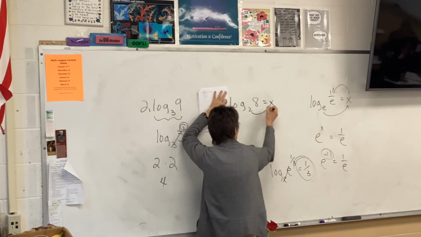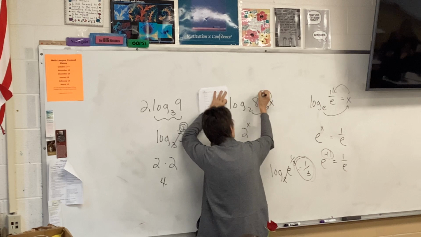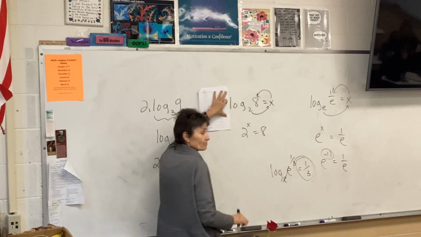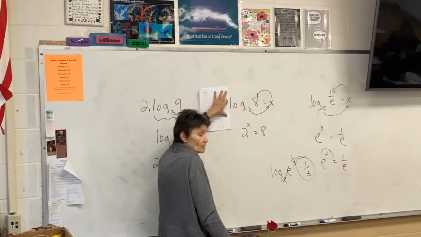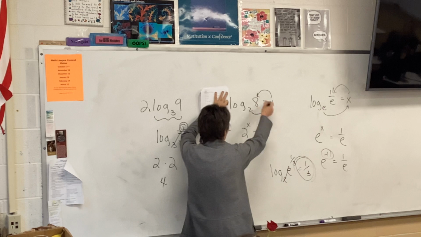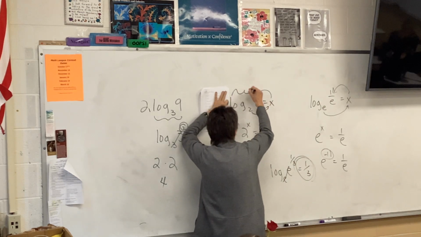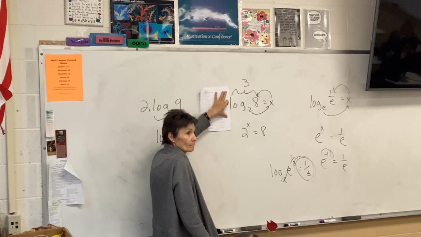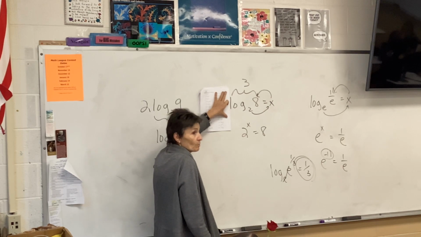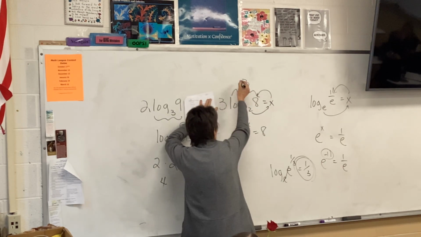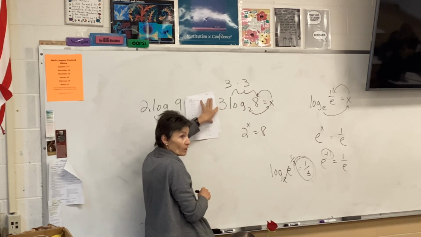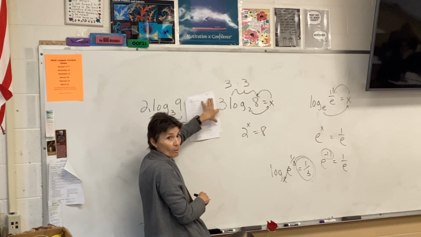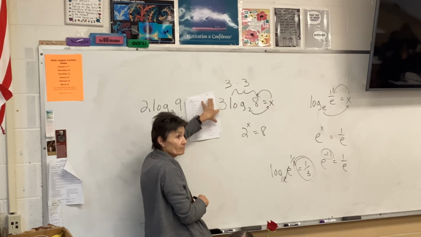So 2 to the x equals 8. Well, 2 to what power is 8? 3. So this part of the problem right here is 3. Would everybody agree with that? Well, what am I going to do with that 3? I'm going to times it by the coefficient out in front. So the answer to the problem is going to be 9.